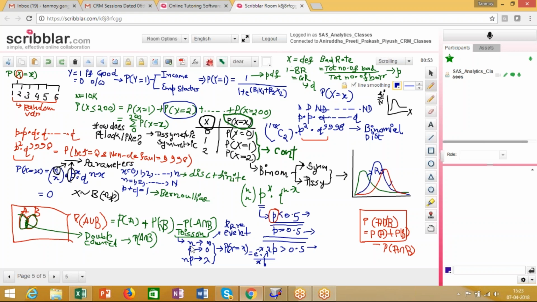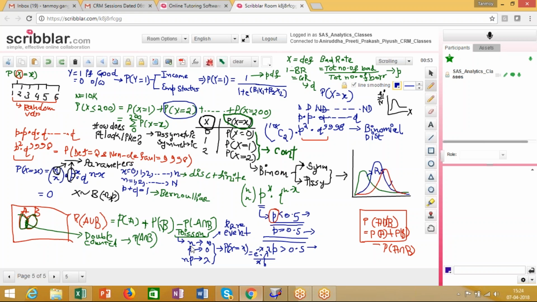Right. So the next part that we have over here is that when the number of trials tend to infinity and the probability of getting a success becomes very less, or the chances of the event to occur becomes very less, then where we move towards is the Poisson distribution, right?